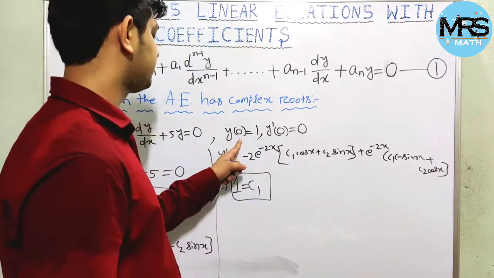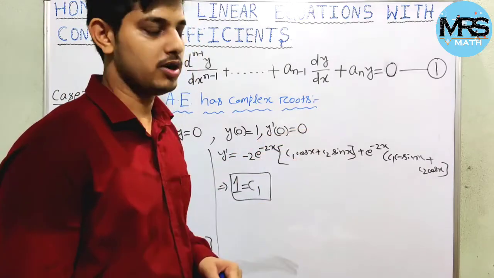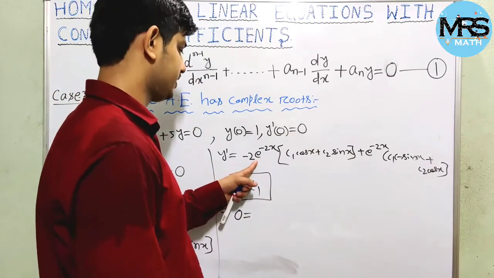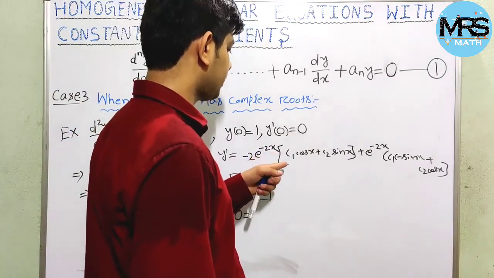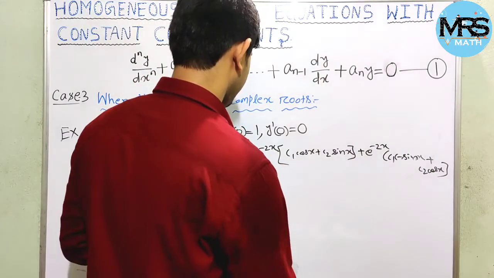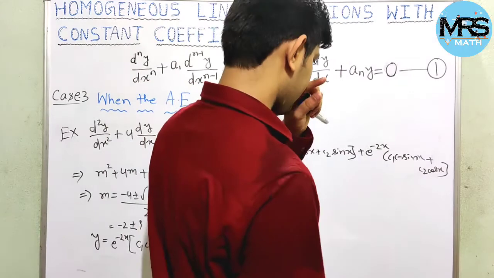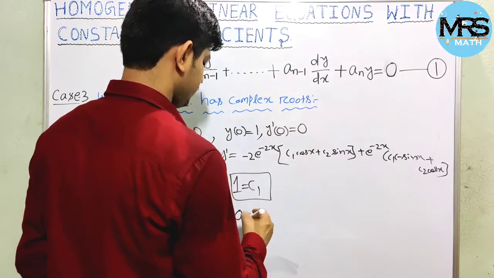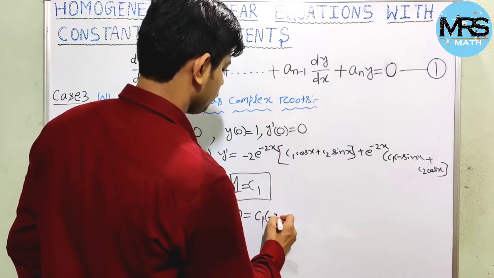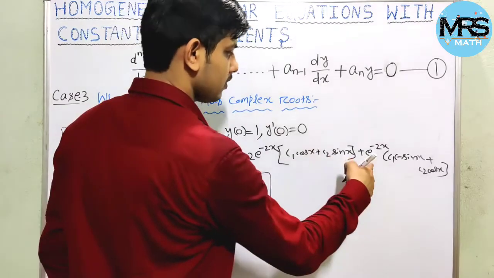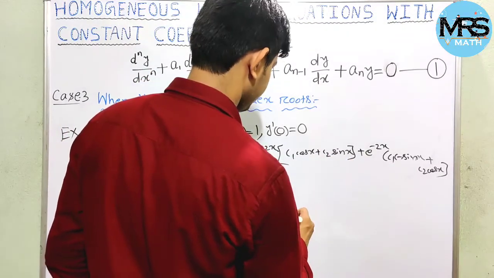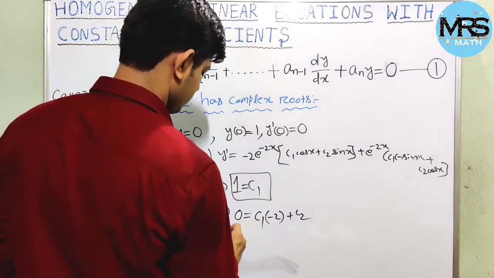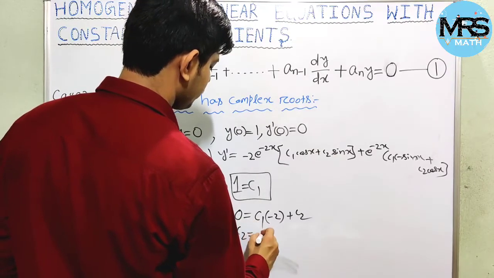By applying y dash of 0 equal to 0, we get 0 is equal to e to the power 0 is 1, that is c1 we are getting here, and from here this is c2. Oh, minus 2 is there, so minus 2c1 plus c2. So c1 is 1, so you are getting c2 is equal to 2.